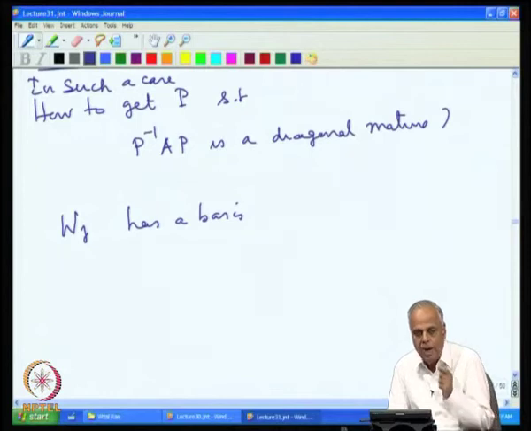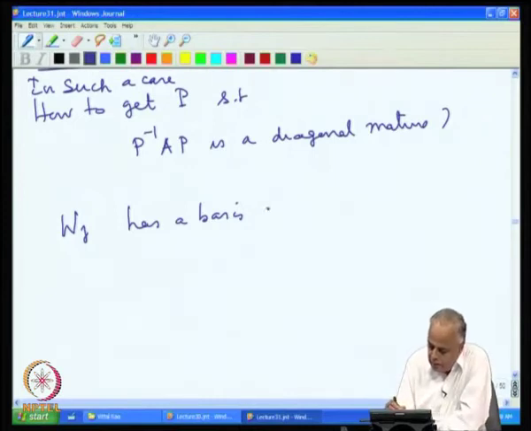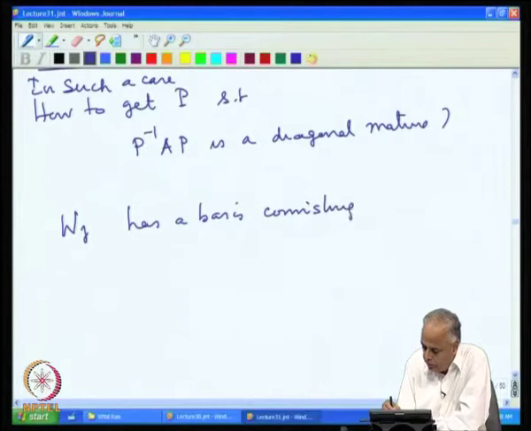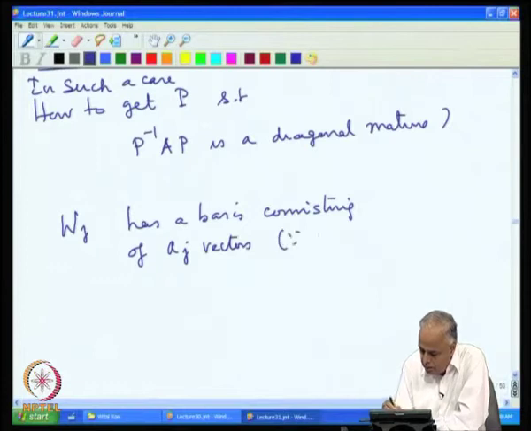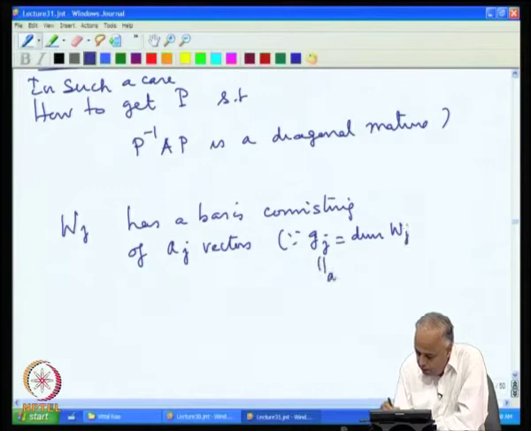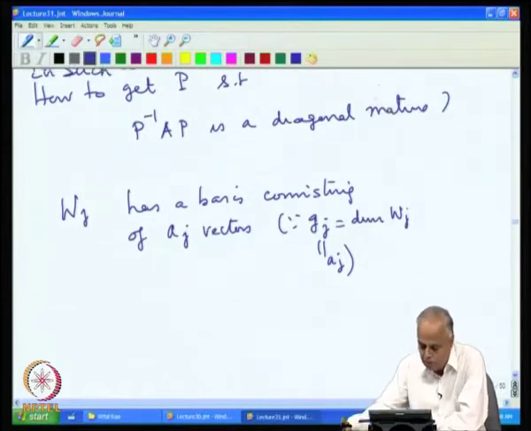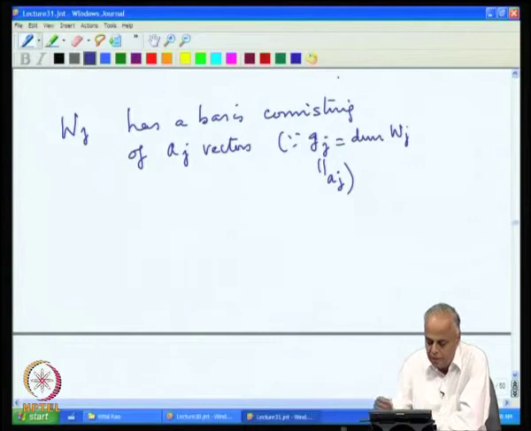Now, its dimension is the geometric multiplicity, and because the geometric multiplicity is the algebraic multiplicity, its dimension is A j, and because its dimension is A j, a basis will consist of A j vectors. This is what we are assuming: that the geometric multiplicity is equal to the algebraic multiplicity. So, it has a basis consisting of A j vectors.